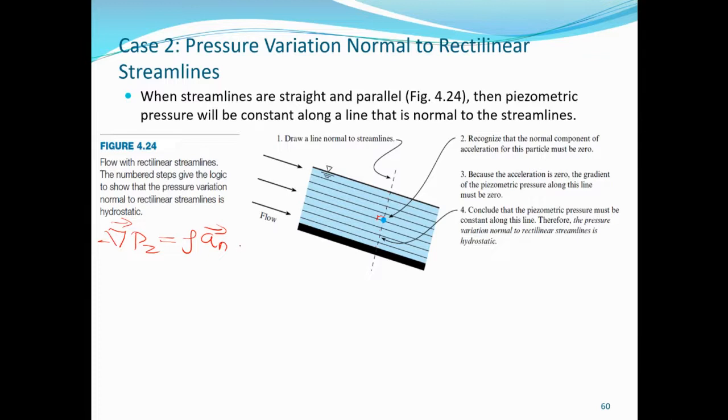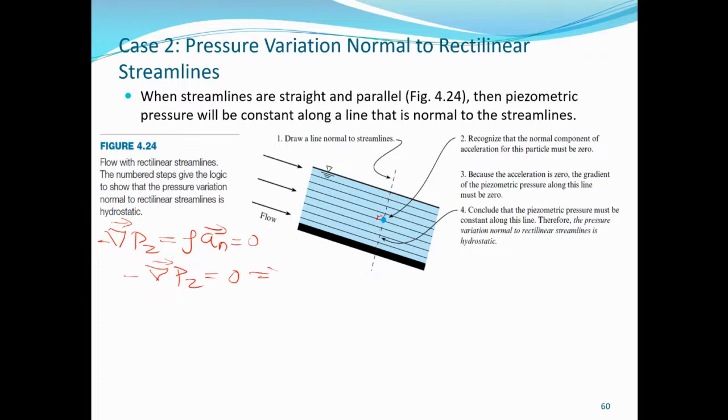In this case, we say it's equal to 0 for a linear streamline, because the radius of curvature is infinity. So that makes the gradient of p plus gamma z to be equal to 0. When it is 0, it means it is constant.